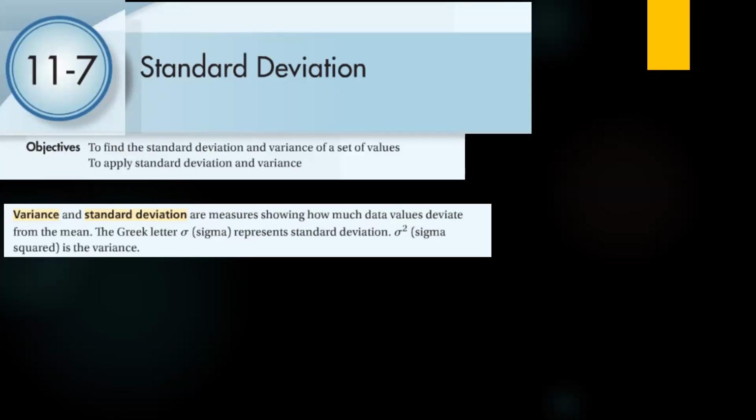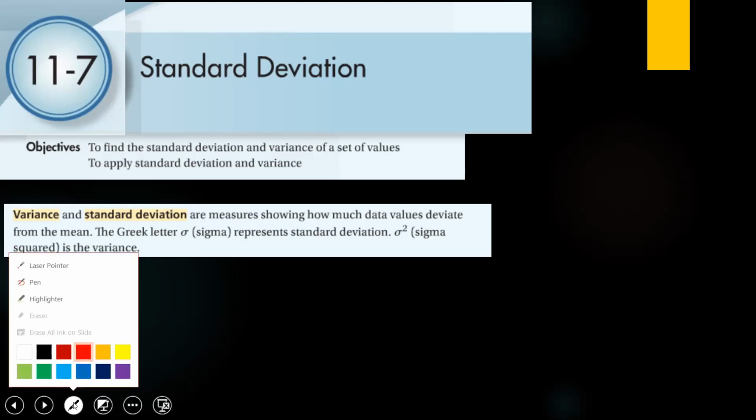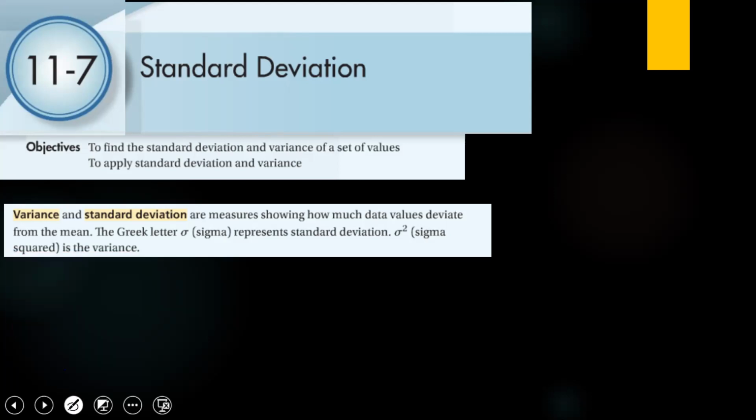In this lesson, we will learn how to find the standard deviation and the variance, and also how to apply the standard deviation when we use it. So today we will talk about the standard deviation and the variance. As I told you, both of them are called measures of variation.